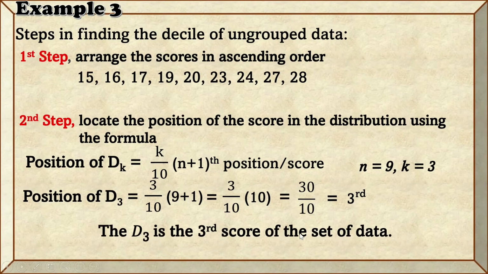The third decile is the third score of the set of data. What is our third score in the given data? The first data is 15, the second data is 16, and the third data is 17. Therefore, the third decile is 17.